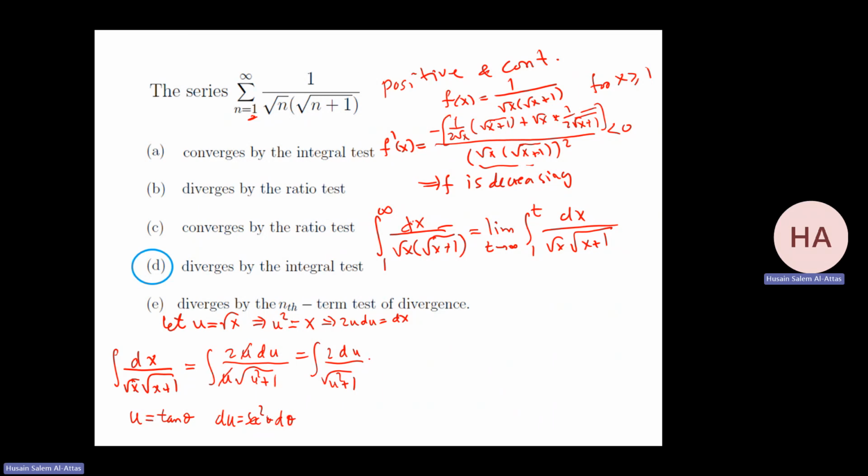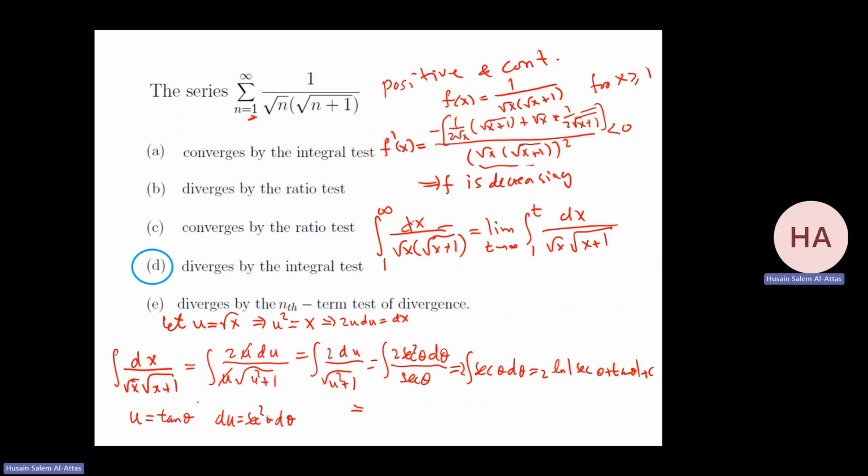So that will be the integral of 2 secant squared theta d theta over square root of tan squared plus 1, that is secant squared, that will be secant. And that will be the integral of 2 secant theta d theta, which is 2 ln of secant plus tan plus c.